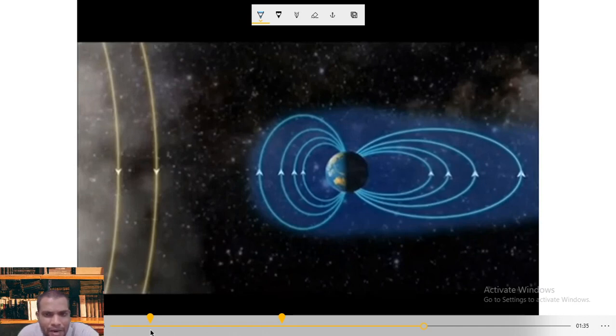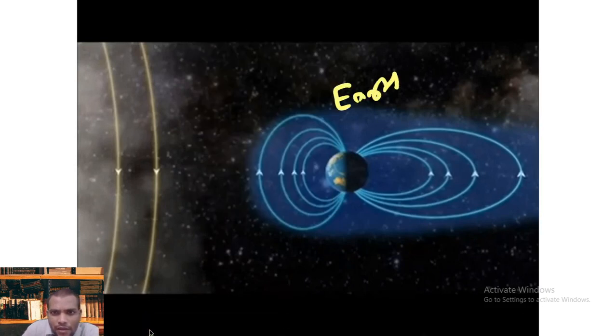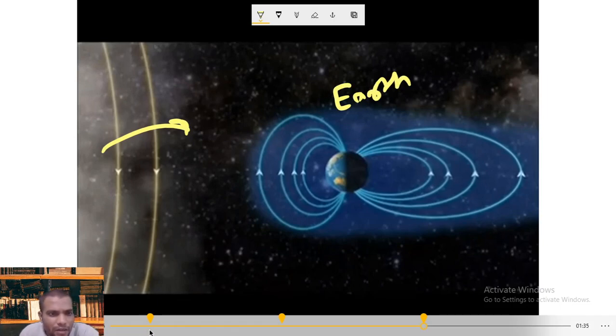It's just like a bar magnet. Or if you remember, this is also the same pattern as a current-carrying solenoid, because a current-carrying solenoid is equivalent to a bar magnet. Now here two magnetic fields are seen. This is the earth's magnetic field, and this is the storm carried from the sun. This plasma storm contains charged particles.